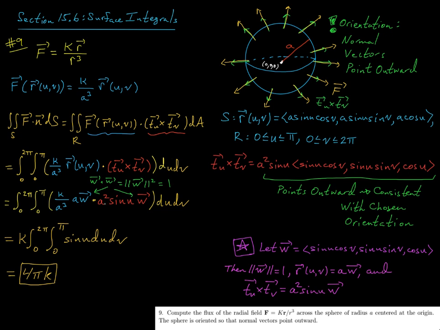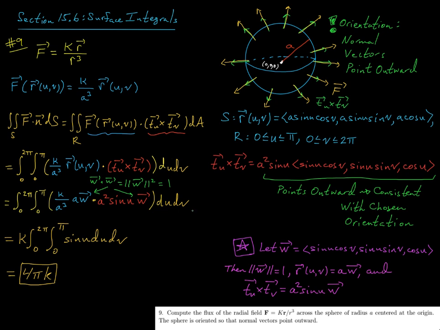And I get an a times a squared, so that's a cubed, which cancels out this a cubed. So I'm just left with k and sine u. We're integrating from 0 to pi for u and from 0 to 2 pi for v, so when all is said and done, you get an integral of 4 pi k.